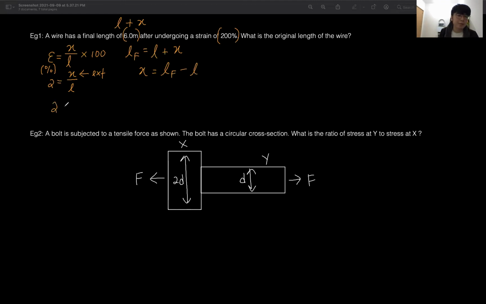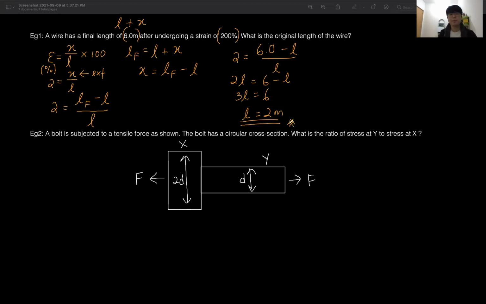I put it in the equation: 2 equals (L final minus original length) over original length. So 2 equals (6.0 minus original) over original. Just solve this. 2L equals 6 minus L, so 3L equals 6, and L equals 2 meters. Okay, that is my original length.